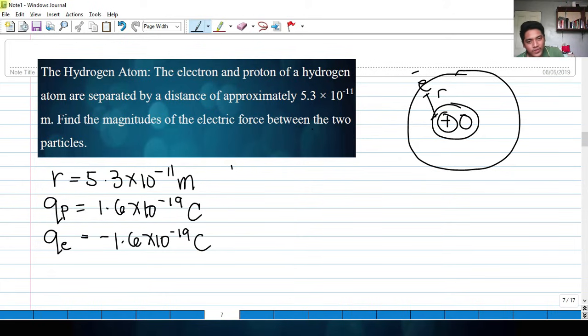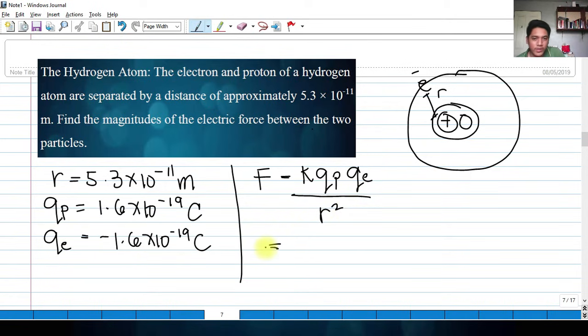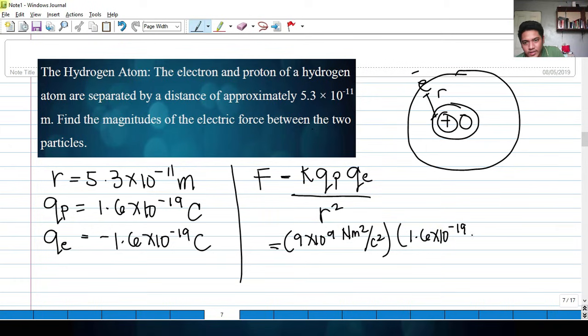So F is equal to K, Coulomb's constant, times Q1, which is the charge of the proton, times Q sub E, the charge of the electron, divided by the square of the distance between them. K is 9 times 10 raised to 9 Newton meters squared per Coulomb squared, times the charge of the proton, 1.6 times 10 raised to negative 19 Coulomb, multiplied by the charge of the electron.